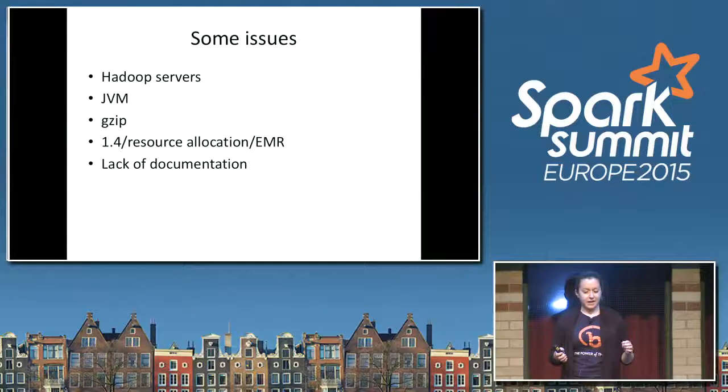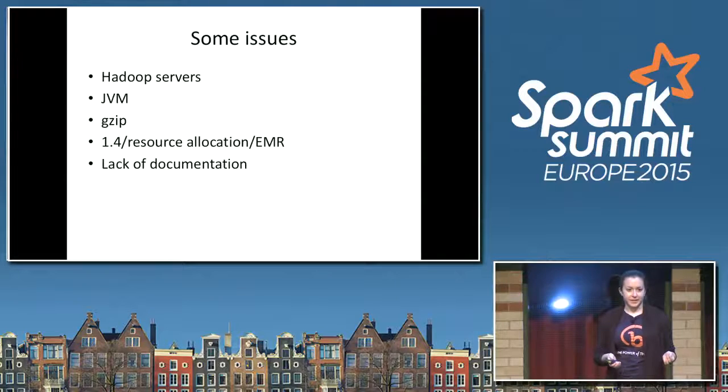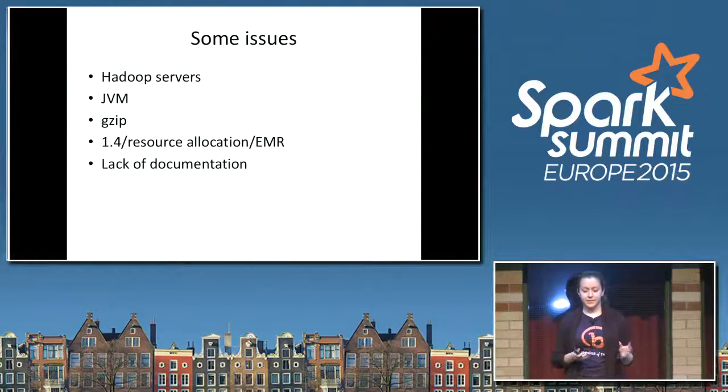There's not a lot of really great documentation. There's a couple of Cloudera blog posts on how to effectively optimize your EMR clusters for Spark. I think that's because Amazon only very recently started supporting Spark on EMR. So that's kind of the missing link for some things.